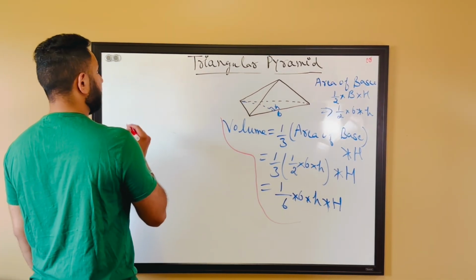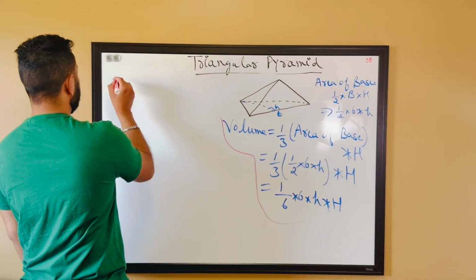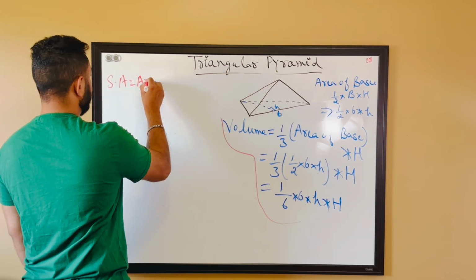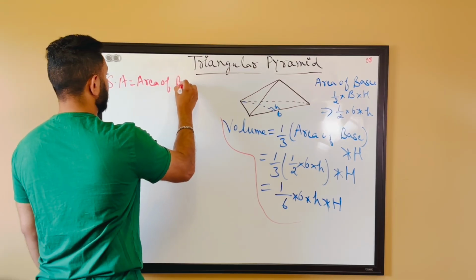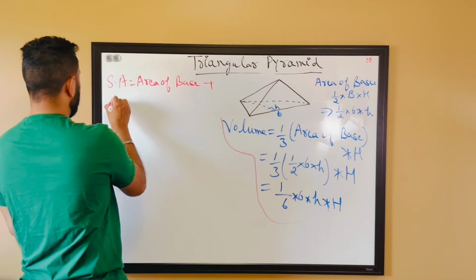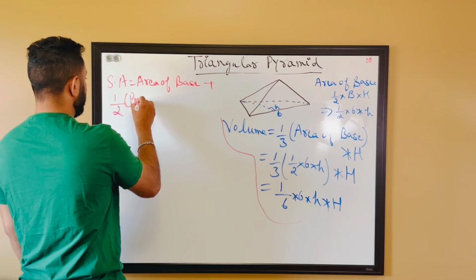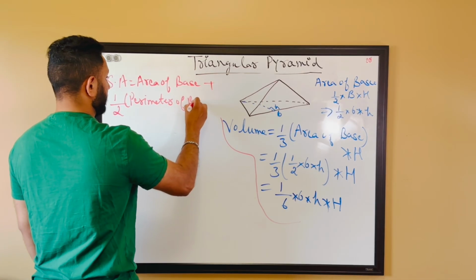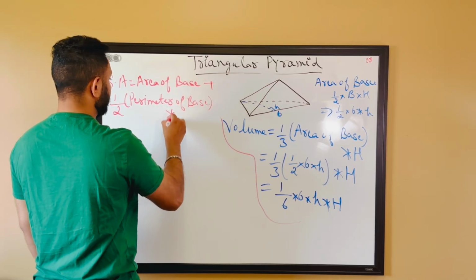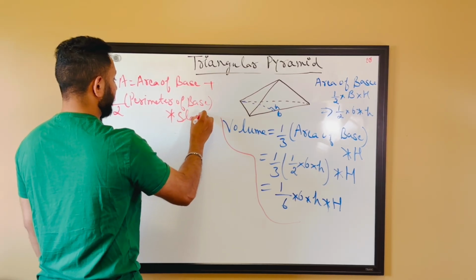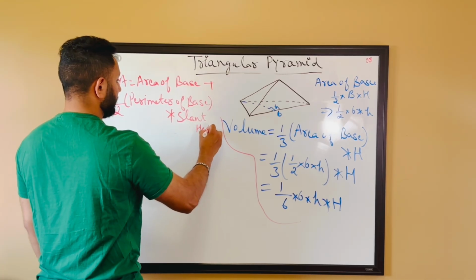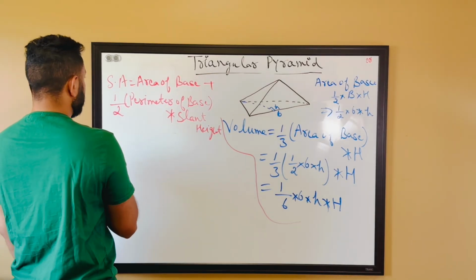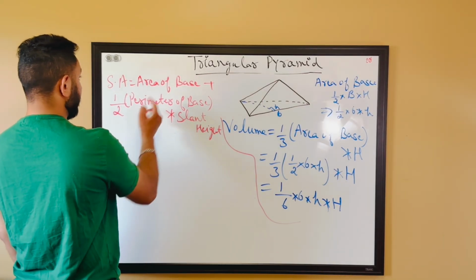Now we're gonna do the formula for surface area of triangular pyramid. So the formula is area of the base plus half perimeter of the base into slant height. So let's further simplify the formula.